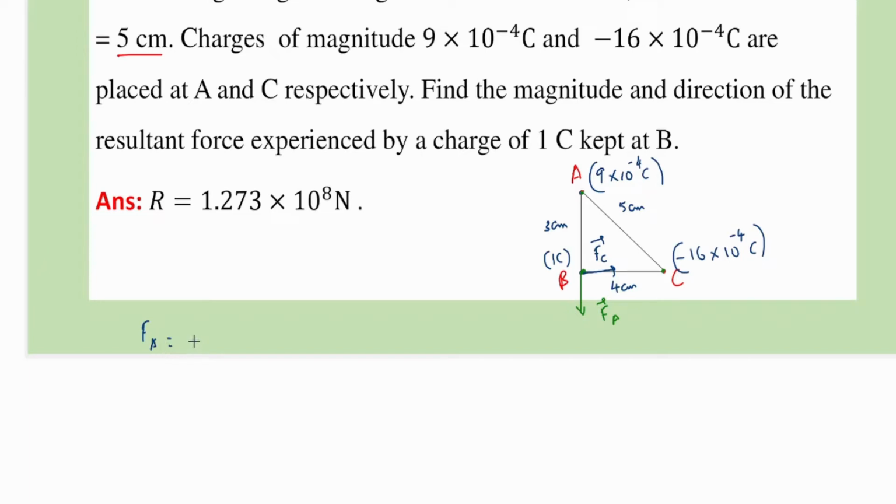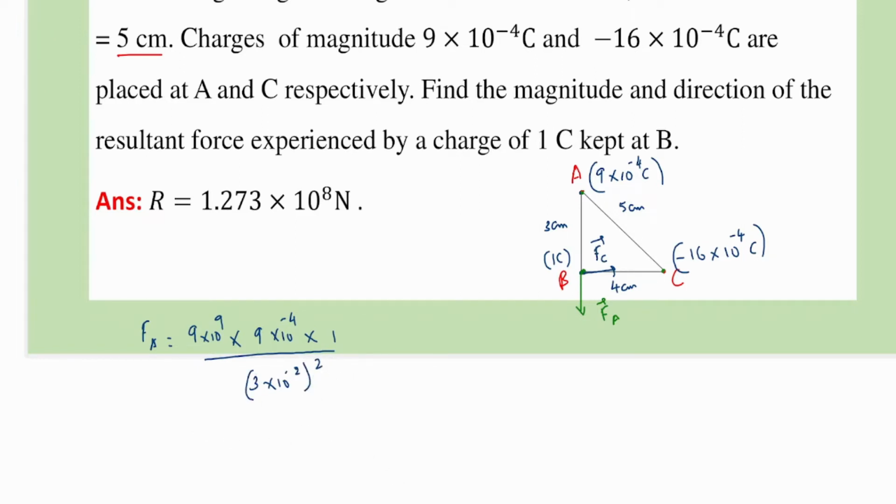That is given by K, which is 9 into 10 power 9, into charges kept at point A and then point B. The charge kept at point A is 9 into 10 power minus 4 into charge kept at point B is 1 Coulomb, by distance is 3 centimeter. Now don't forget to convert it into meters. So this would be 3 into 10 power minus 2, that is what is in terms of meter, the whole square.